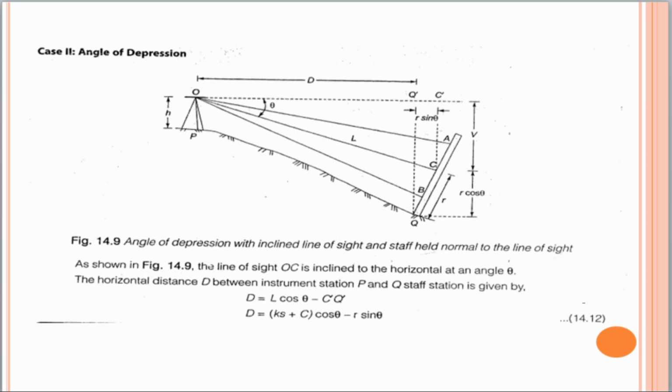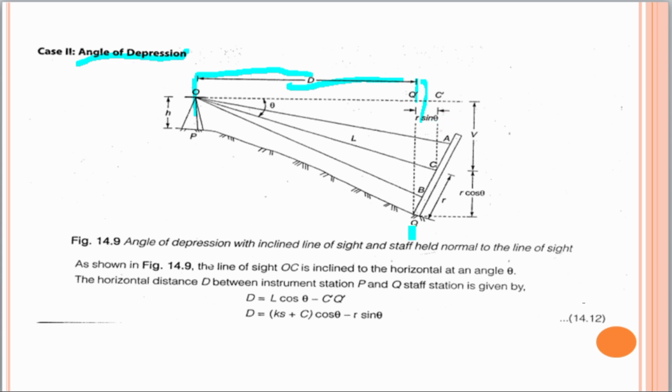Then we move on to where the angle of depression is held here. So the distance D is covered until there. So that's where our distance D is covered by adding that.